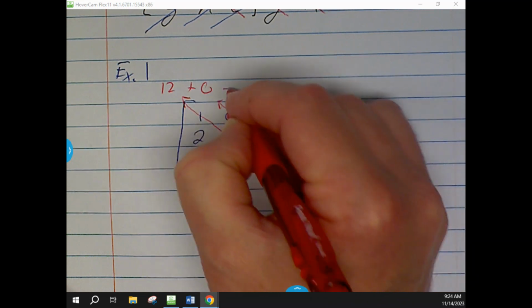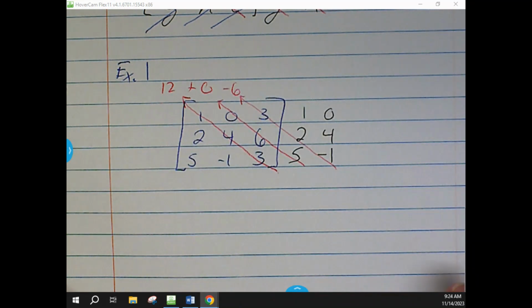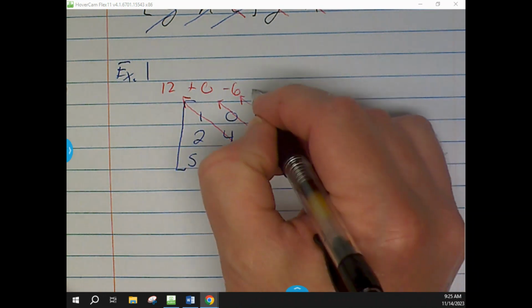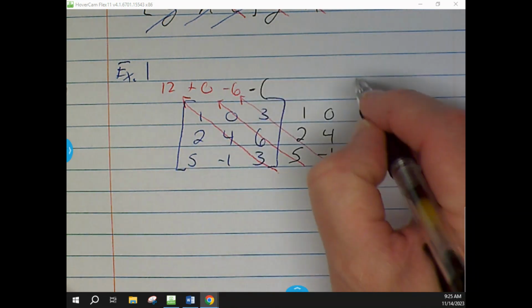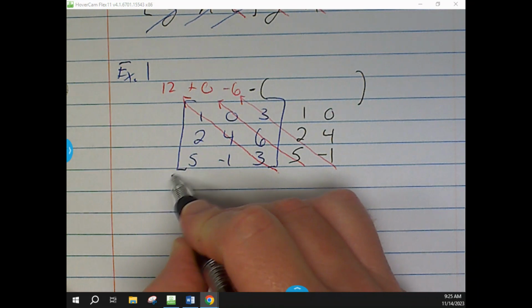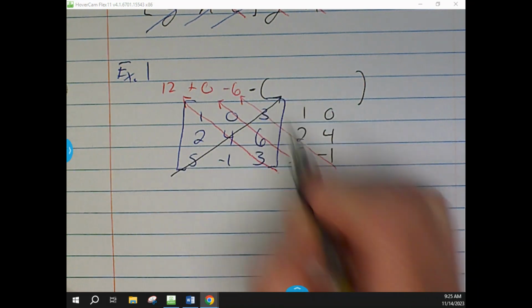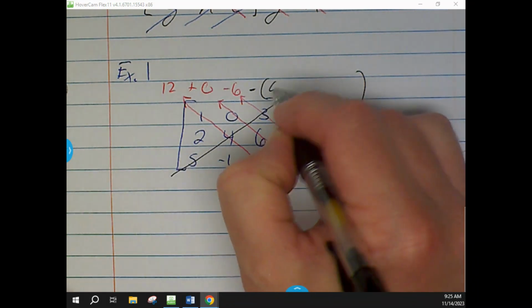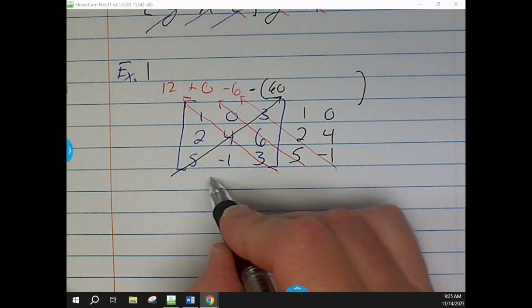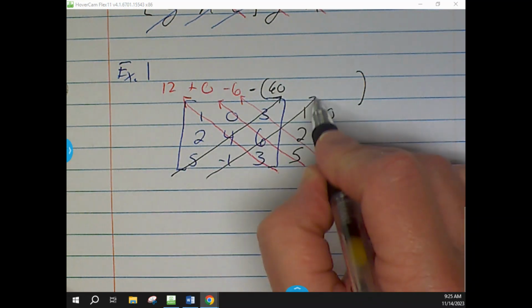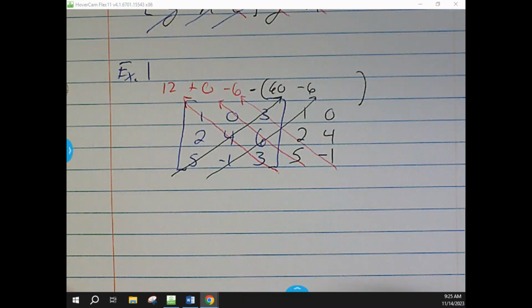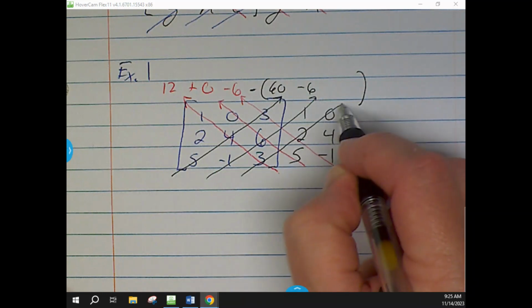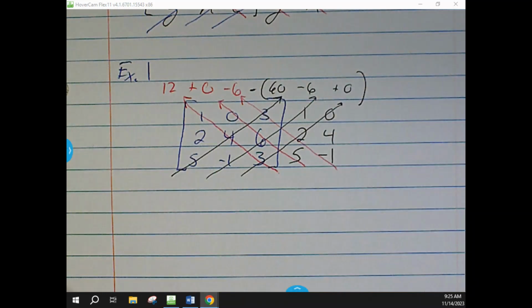That would be a -6. And then we're going to go minus everything back here. We're going to do 5 times 4 times 3, which is 60. Negative 1 times 6 times 1 is negative 6. And then 3 times 2 times 0 is 0.